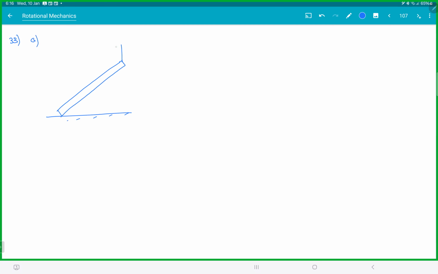We have a rod here. This is rough. This is theta. This is mass m and length L. Same question. We have a rod here, mass m, length L, but this time the ground is smooth.